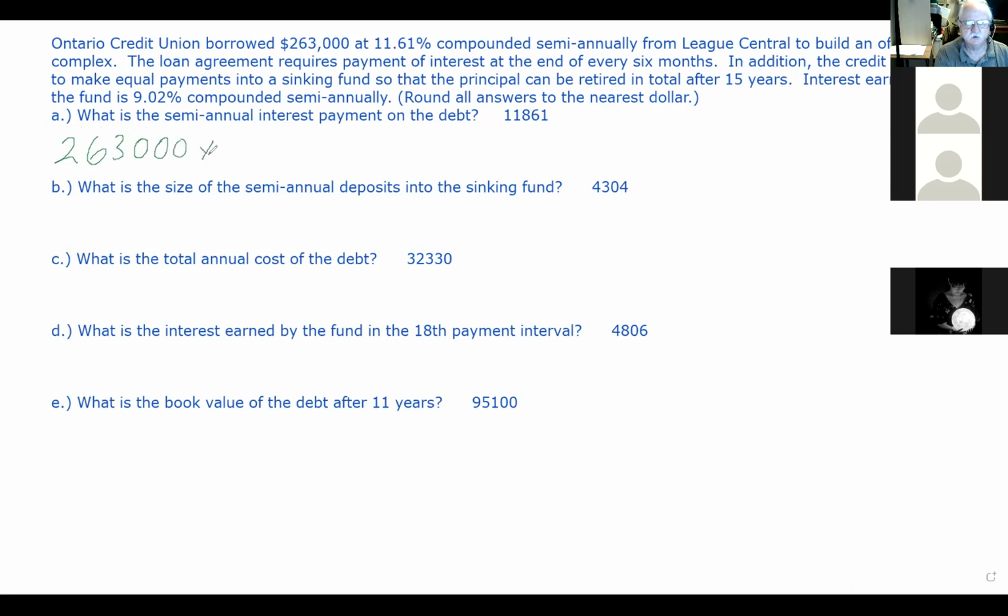263,000 times 11.61% divided by 2. So 11.61% divided by 2 times 263,000.